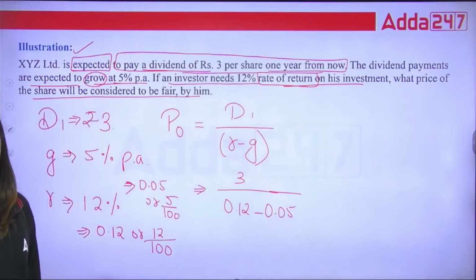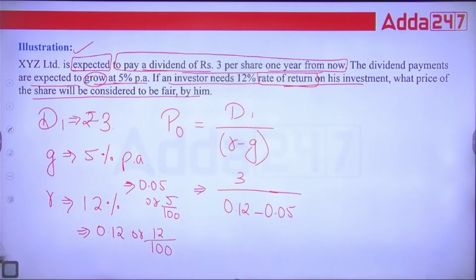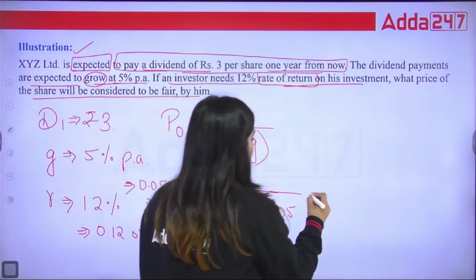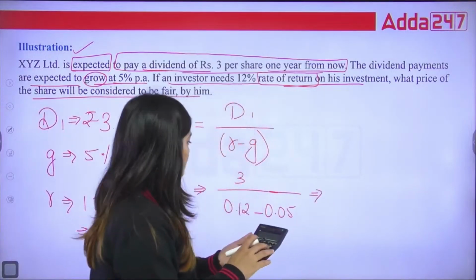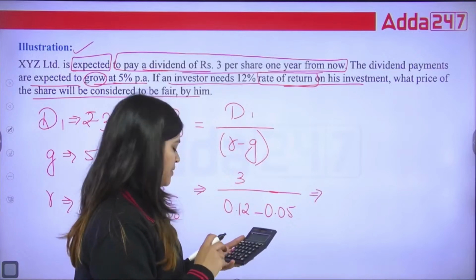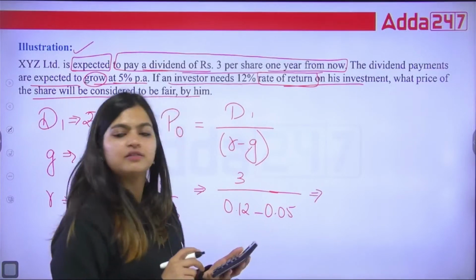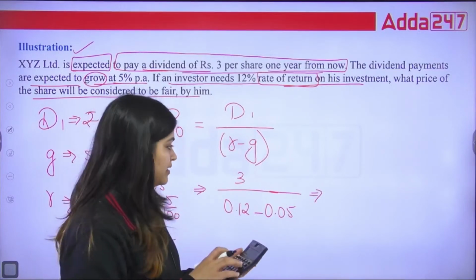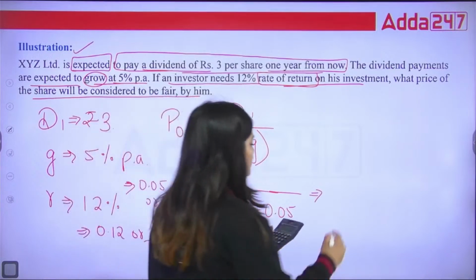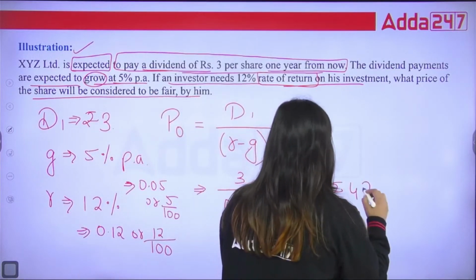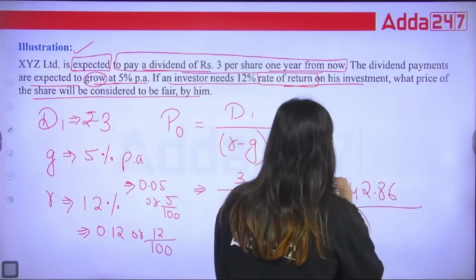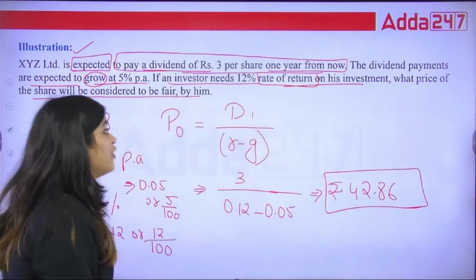This is the way we write it. Correct? So what is the answer? 3 divided by 0.12 minus 0.05, which is 0.07. That gives 42.86. This is the fair value.